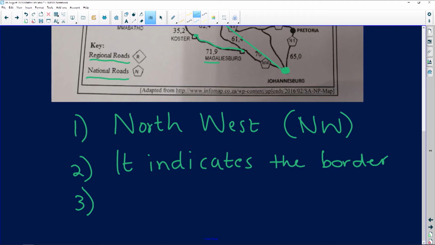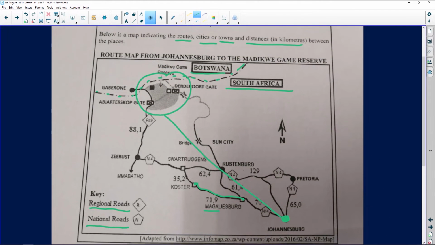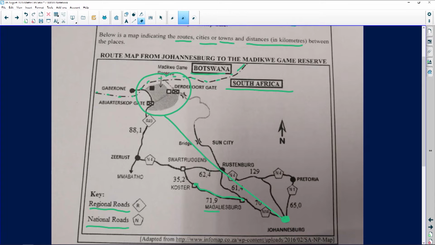So let's go and look for the shortest route between those 2 sections. So we need to find the shortest route. I am going to just erase what's happening over here so that we don't have too much of a problem. So it's from Johannesburg, and we are looking for this gate over here. So we can see already there are two alternative routes.